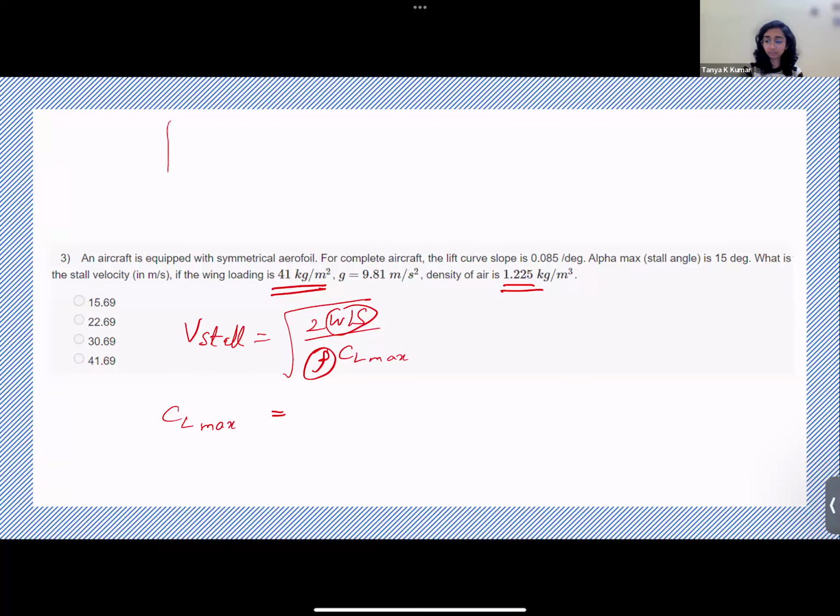You remember the graph? This is the lift curve, CL versus alpha. This is your alpha stall and this is your CL max, correct? So if alpha stall and the lift curve slope are given to you, how do you find out CL max?